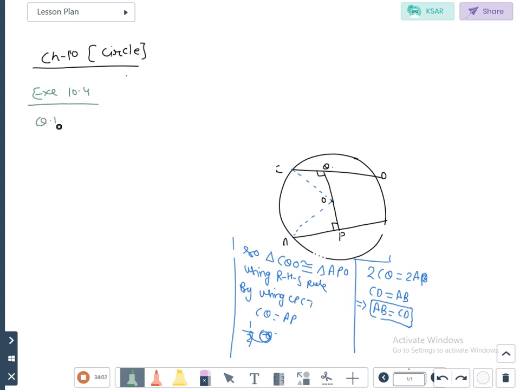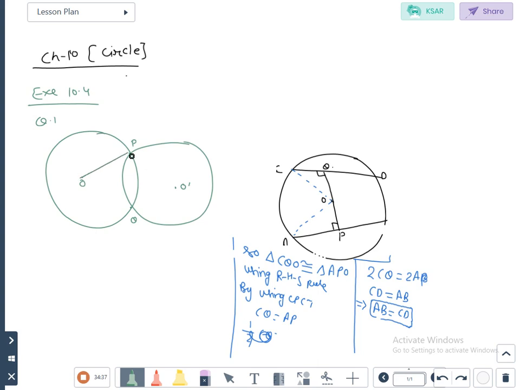Two circles of radius 5 centimeter and 3 centimeter intersect at 2 points and the distance between their centers is 4 centimeter. So the first circle has radius 5 centimeter. The second circle, whose radius is smaller, is 3 centimeter. They intersect at 2 points, first point P and second point Q. O is the center of the first circle and O dash is the center of the second circle.